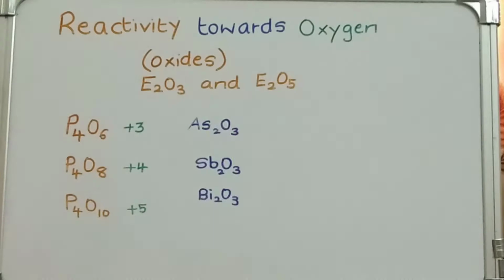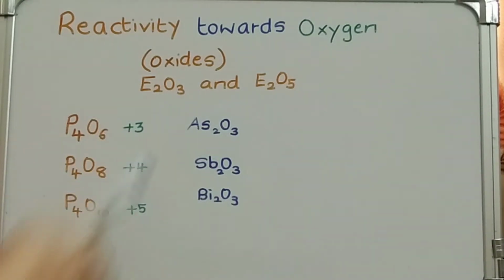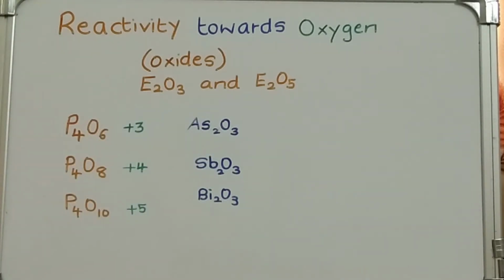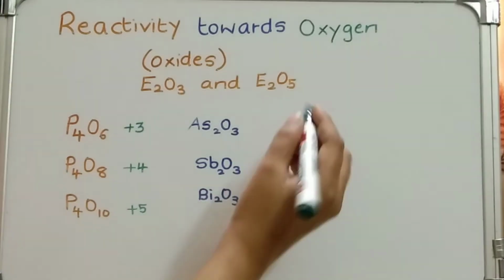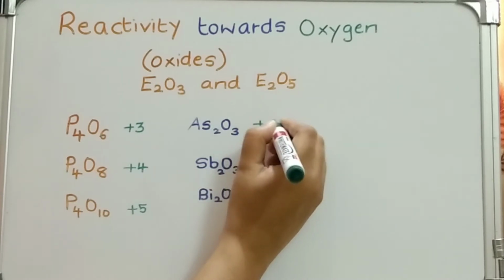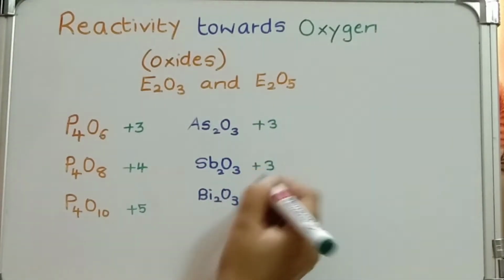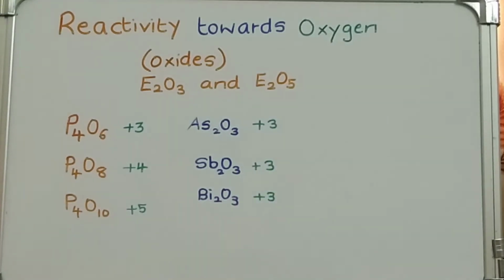For the rest also, trioxide it is forming. Let's check the oxidation state for these elements. Arsenic in As2O3 will be +3. Sb2O3 also +3. Bi2O3 also +3.